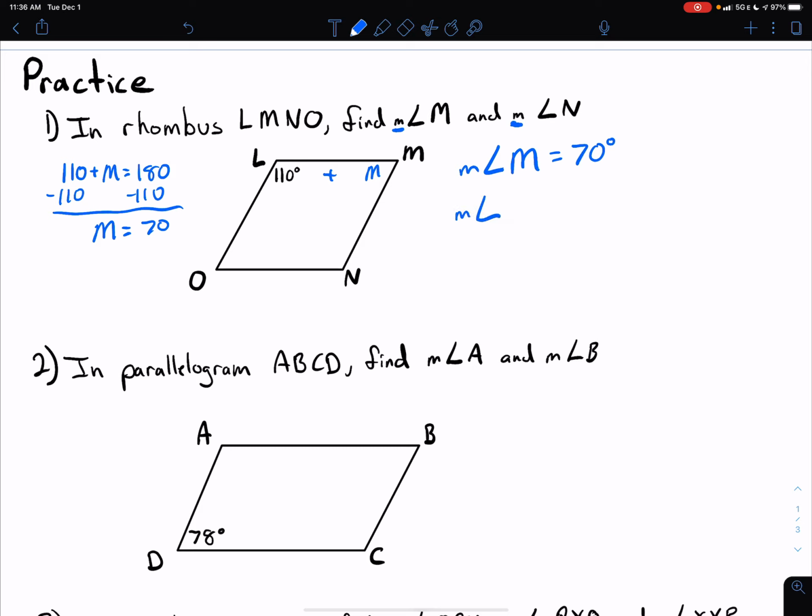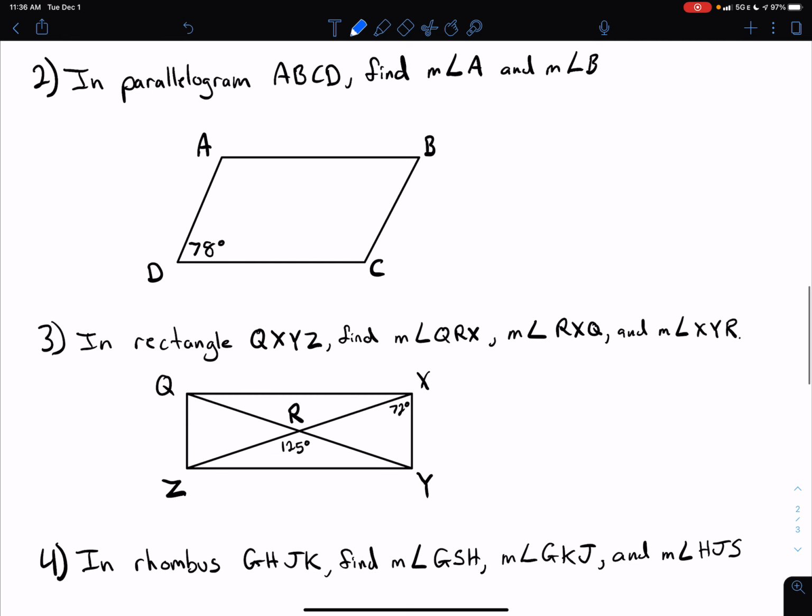The measure of angle N, then, we could do what we just did, but we could also say that opposite angles, like back from the very beginning, are the same inside of a parallelogram or a rhombus, either one. So 110 degrees. All right, let's look at parallelogram ABCD, and we need to find the measure of angle A and the measure of angle B. Since we're given D, I can quickly say B is going to be the same.